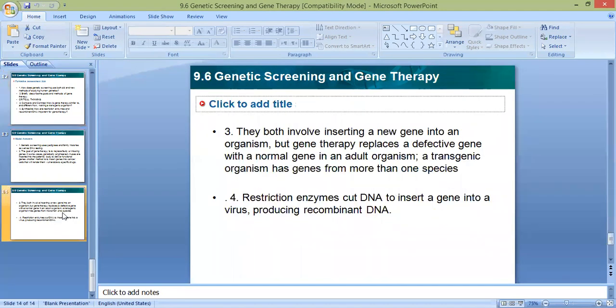To make recombinant DNA, which is DNA that has a gene from other organisms. Restriction enzymes cut DNA to insert a gene into the virus. When the virus has the new gene, it has recombinant DNA, which is DNA with other genes from other organisms. Okay? Any question?